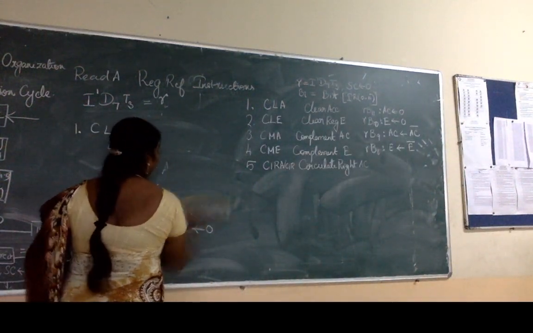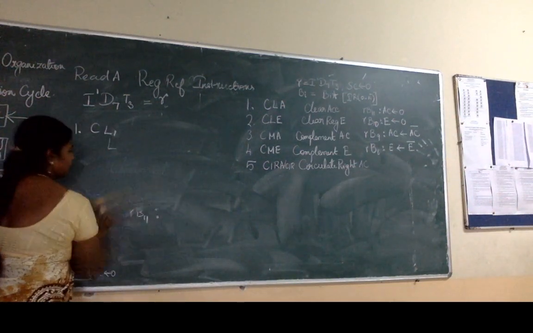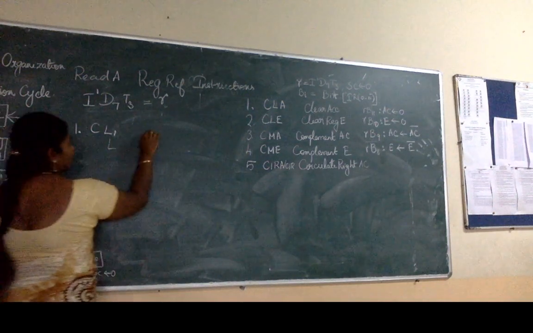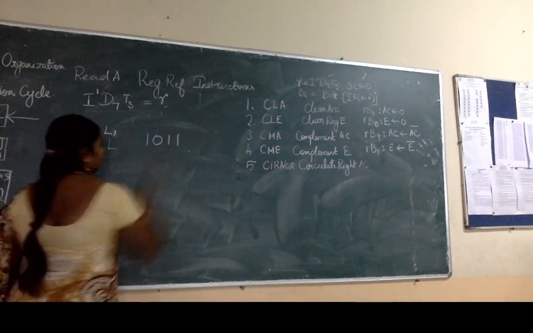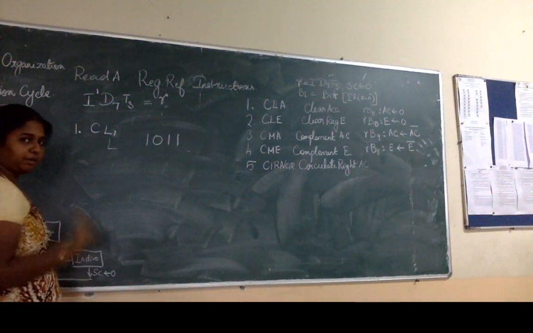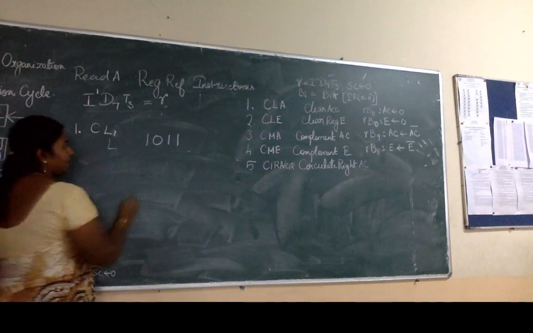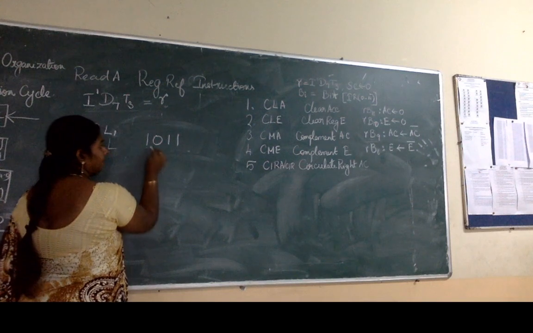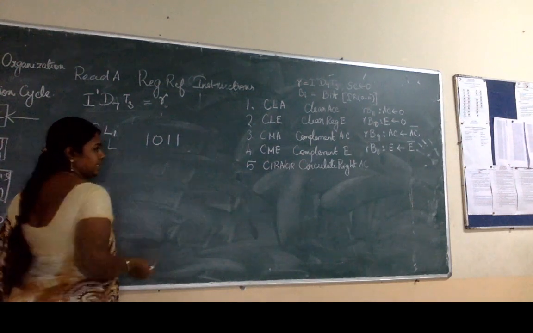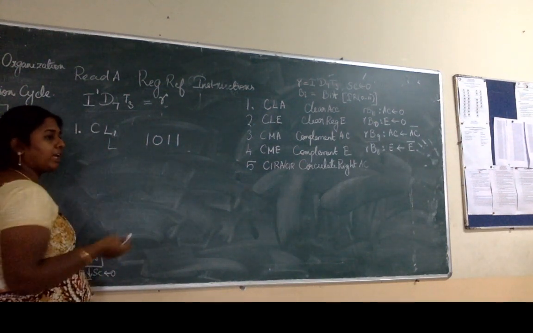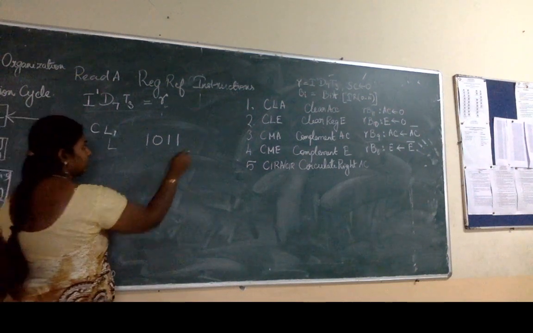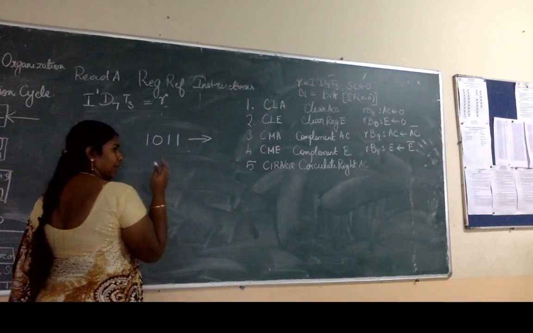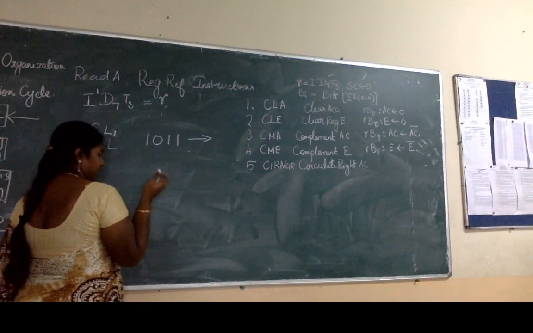What is a circulate operation? In a circulate operation, what should I do? Imagine this is my value that I am trying to circulate. I have taken a 4-bit example here. I've got 1011 as my bits. If I try to circulate them towards the right, I need to move all the bits by one position right.